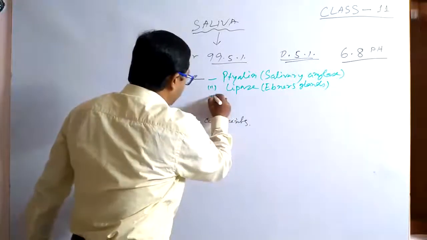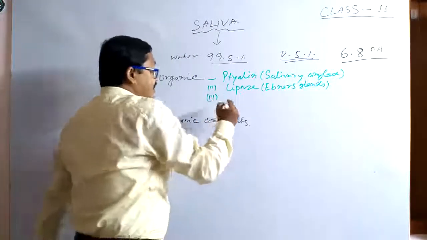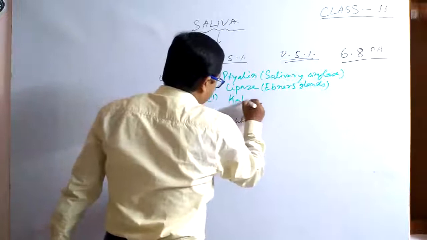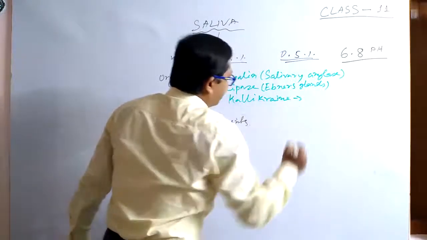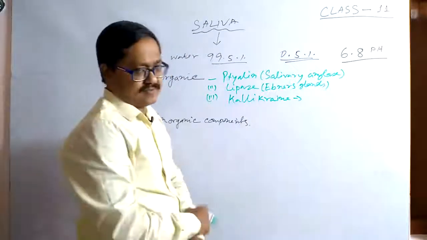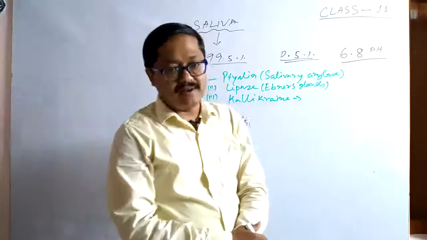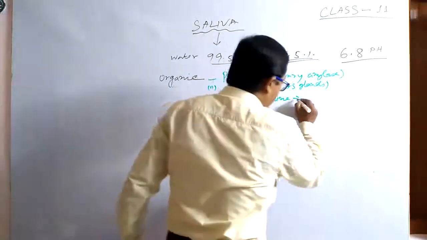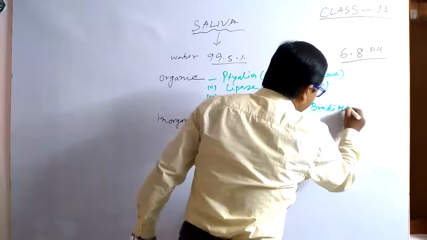Then another component is also present, called kallikrein. What is kallikrein? Kallikrein is an organic substance that activates bradykinin. What is bradykinin?